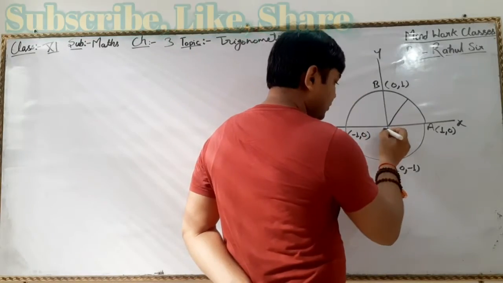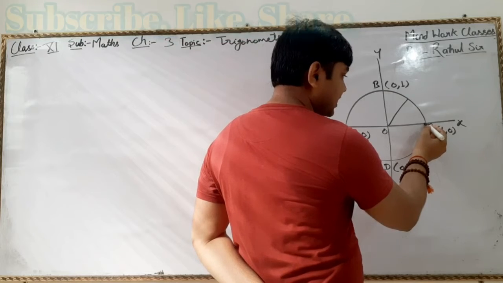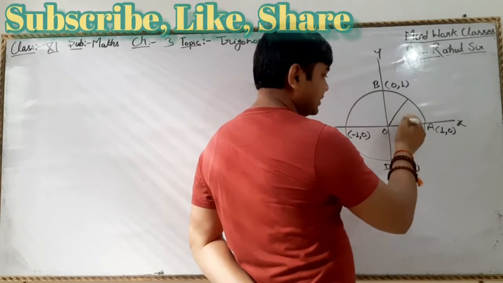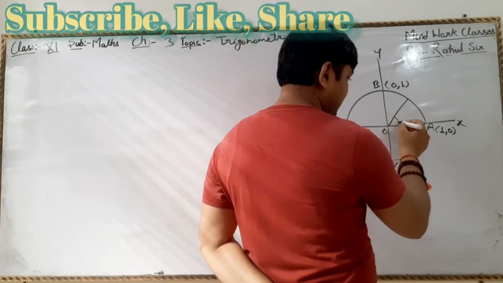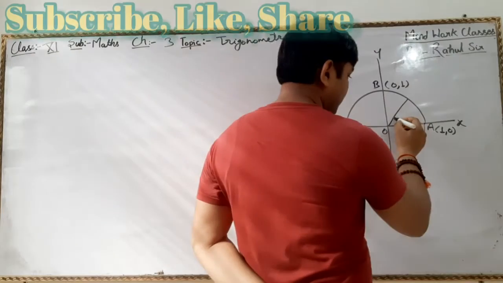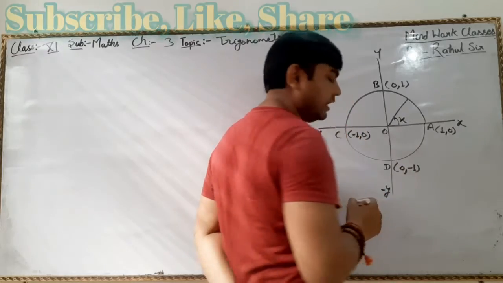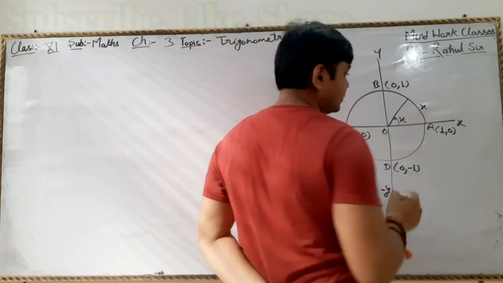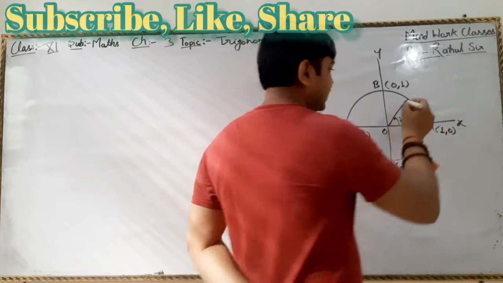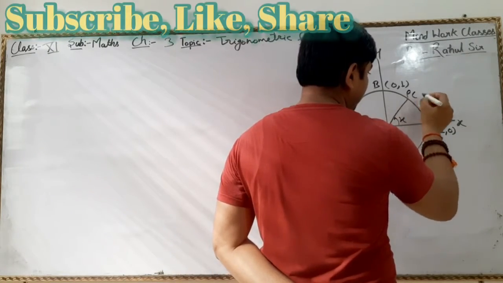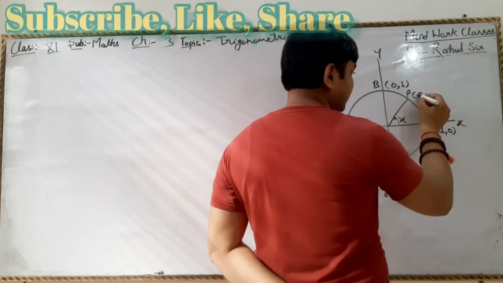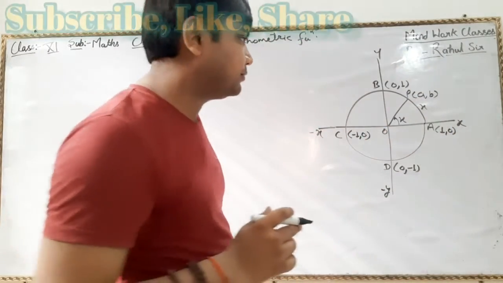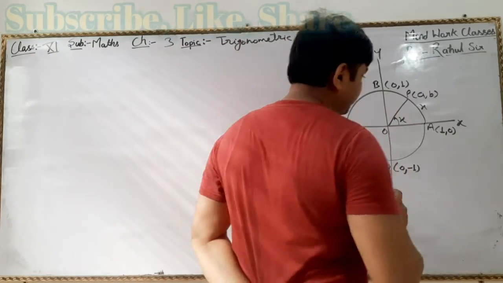Let us say this is point O. We start moving from this point A in the anti-clockwise direction, and as given in your book, we move x degrees. Then we reach a point P, and let us say the coordinate of this point P is a, b.